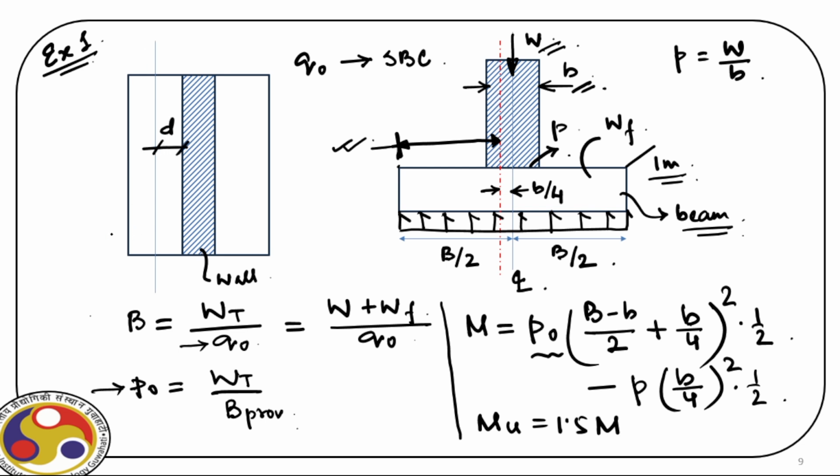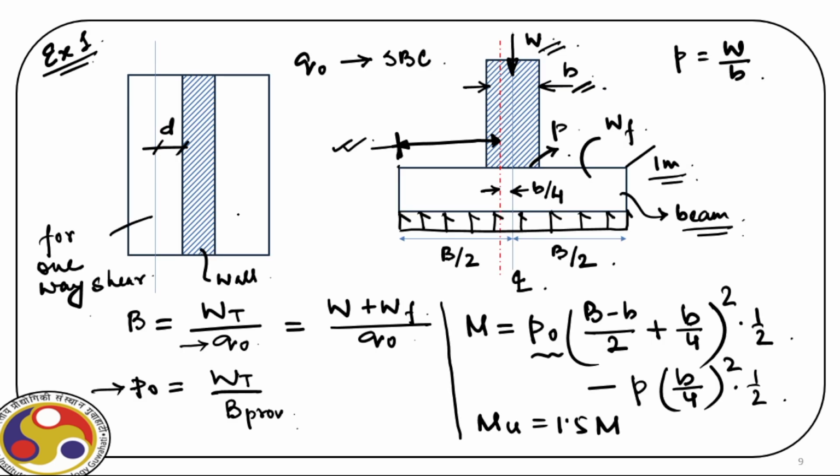So this is the critical section for one-way shear. And then in this case, because the wall runs over the entire length of foundation, there is no chance of having punching shear. So one-way shear is enough for this problem.